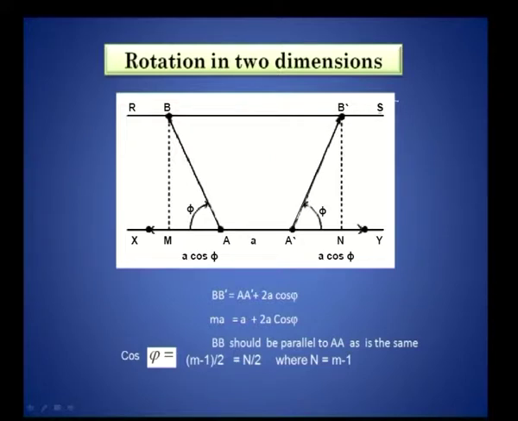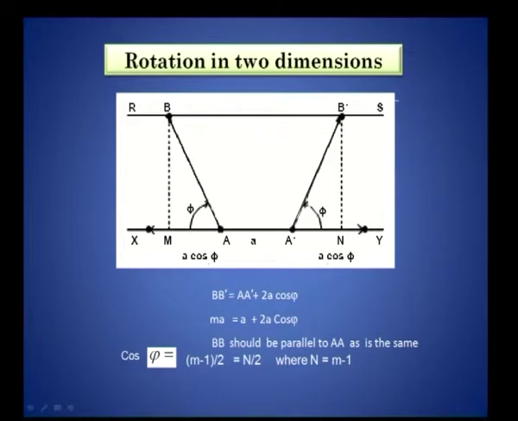Similarly, A m also will be A cos phi. So, B B prime will be A prime, that is A, plus A cos phi and another A cos phi, that is 2 A cos phi. So, I write here B B prime equal to A prime plus 2 A cos phi.